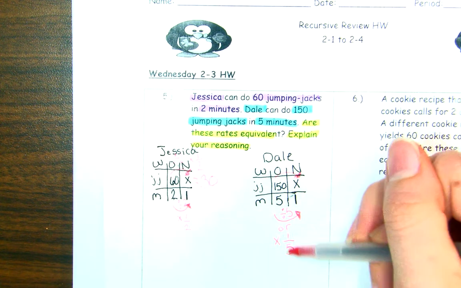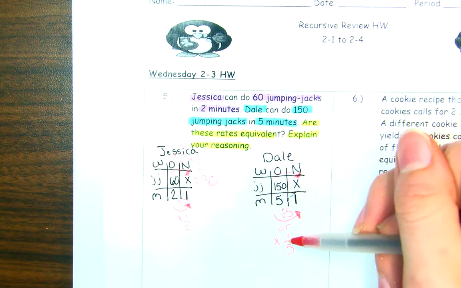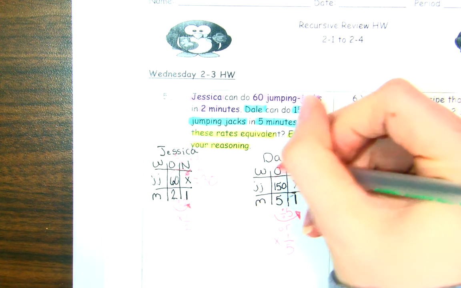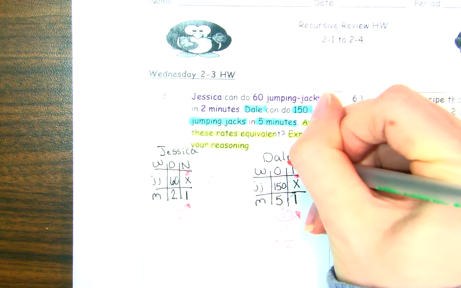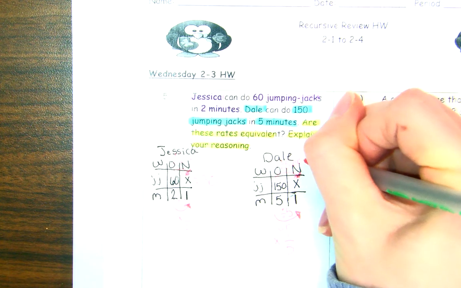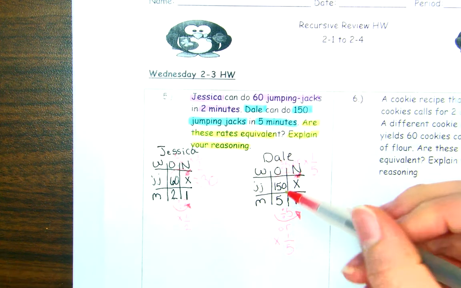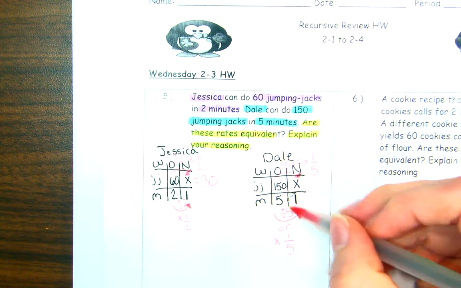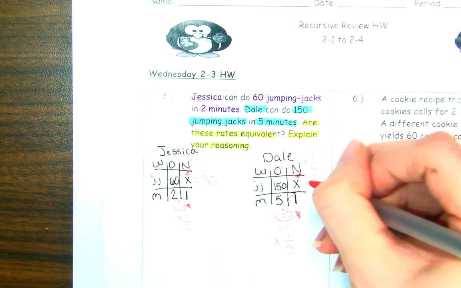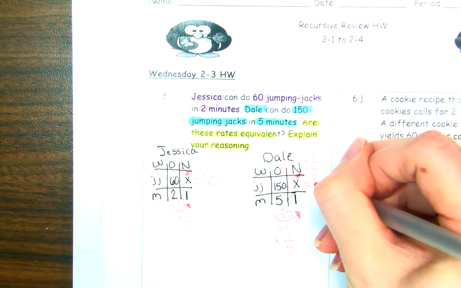Remember, anytime you take the inverse and the reciprocal, it's the same thing. So I could say 150 divided by 5 or multiply by 1/5. So 150 divided by 5 is 30.